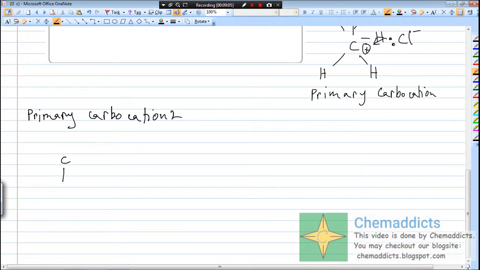Which one? This is CH3CH. So this is the primary carbocation and this is the secondary carbocation.